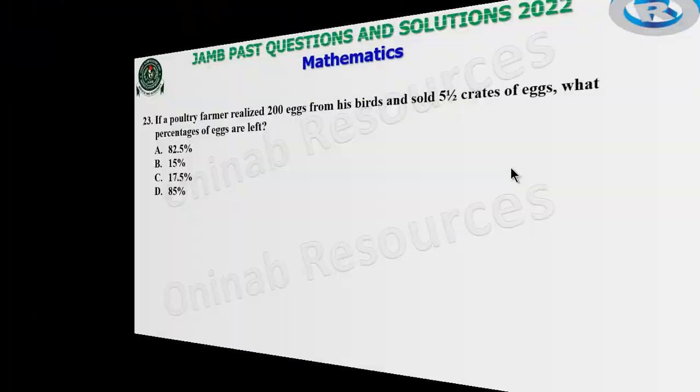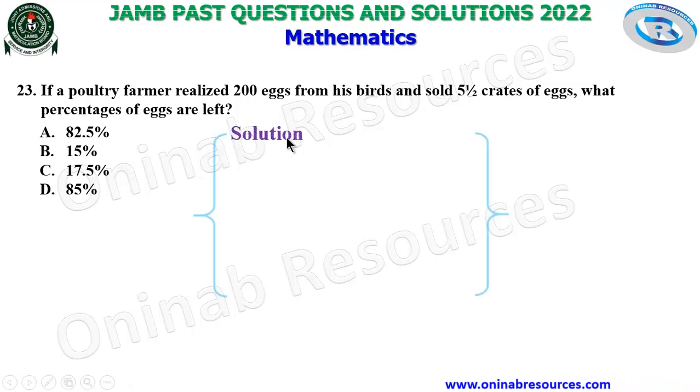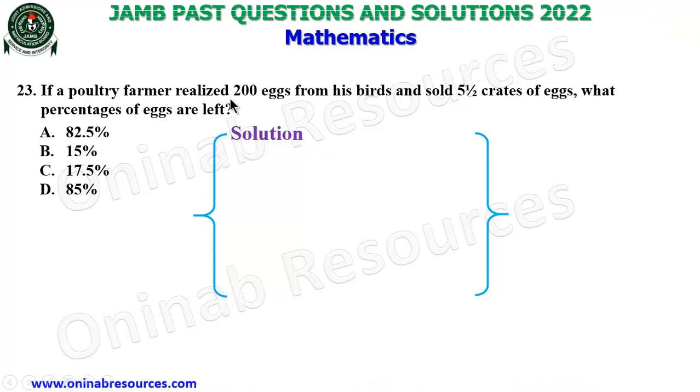We then go to problem 23. If a poultry farmer realized 200 eggs from his birds and sold 5.5 crates of eggs, what percentage of eggs are left? So in our solution, the number of eggs realized is 200 eggs.